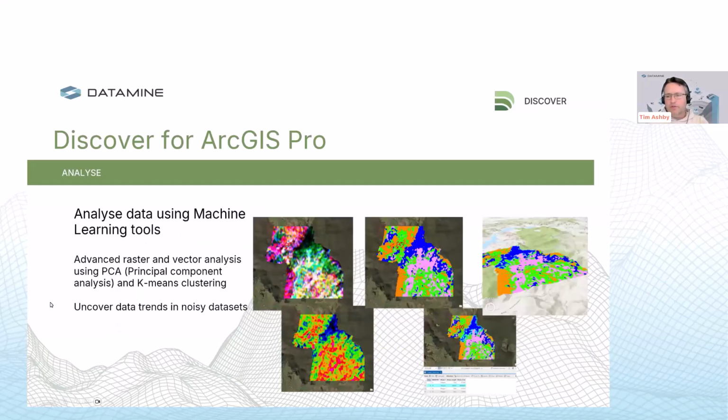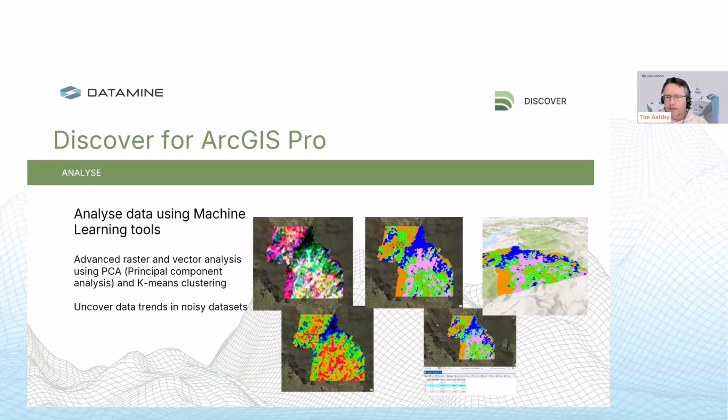Another tool that we've added just recently is our machine learning tool, and that's using PCA, or principal component analysis, and k-means clustering. It's been a long-time asked-for tool by users, and we can do it in both vector and raster data sets. What this gives you the ability to do is, you'll see up here, I think this is a radiometrics data set on the top left.